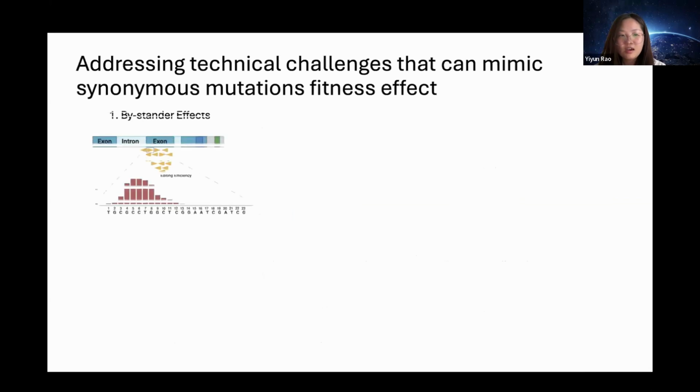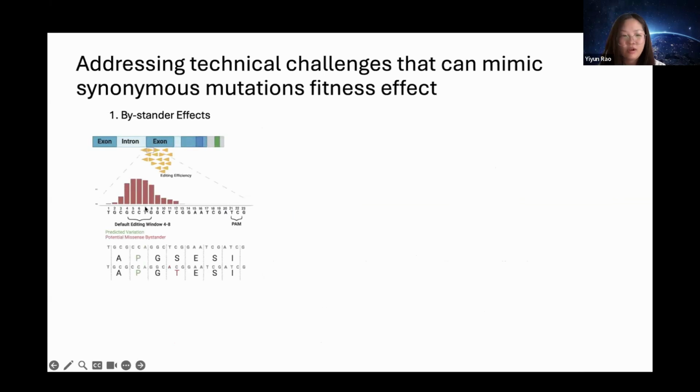First, most base editors are designed to make edits within a very narrow window, around 5 nucleotides. But in practice, the edit can occur outside of the window. So even if an sgRNA is predicted to cause a synonymous mutation, it might be causing unintended mutations nearby, and that explains the fitness effect we see. This is actually common, and it's called bystander mutations.